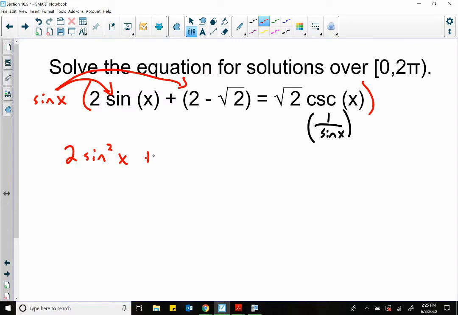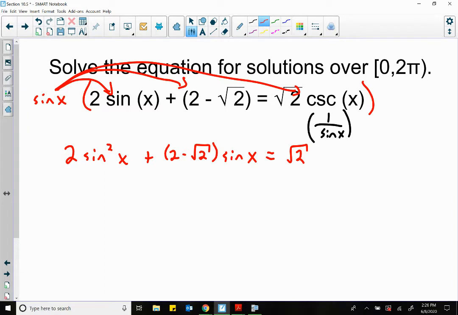And that's going to give me 2 minus the square root of 2 sine x equal to, and then if I come over here and multiply that, remember sine times cosecant will just cancel itself out, leaving you with the square root of 2. Hopefully now you see something that you can do with this. Oh my gosh, I can factor this. And that's exactly what I want you to do.